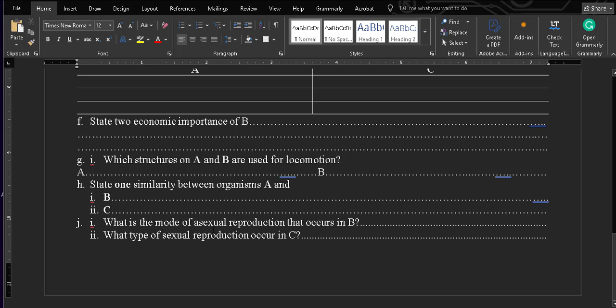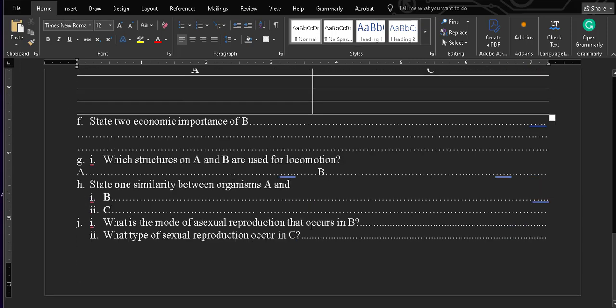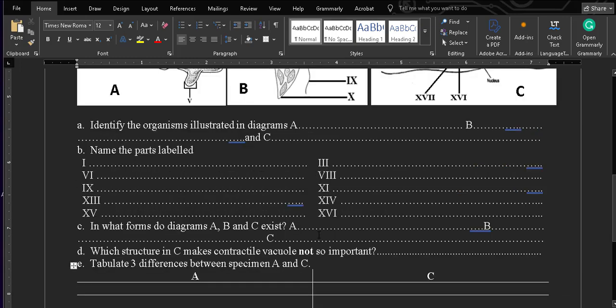All right, so we are almost there. What's the mode of asexual reproduction that occurs in B? So B is Euglena. So for Euglena, that will be binary fission. The binary fission, right? That's the main mode of asexual reproduction. What type of sexual reproduction occurs in C?